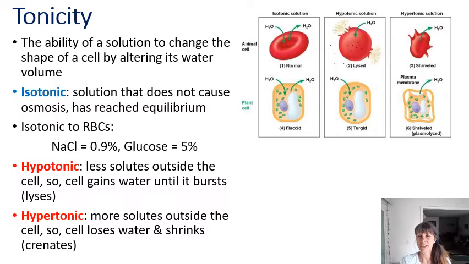If the solute is less outside than what's inside, remember, water follows solute. So the water will go from the outside of the cell into the inside of the cell, and the cell will gain water until it bursts. So it'll swell up and burst, or lyse, because the word lyse means to break or burst apart.